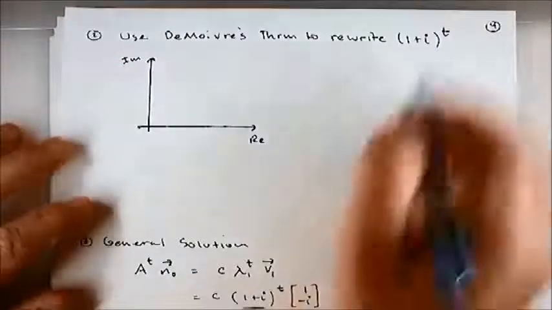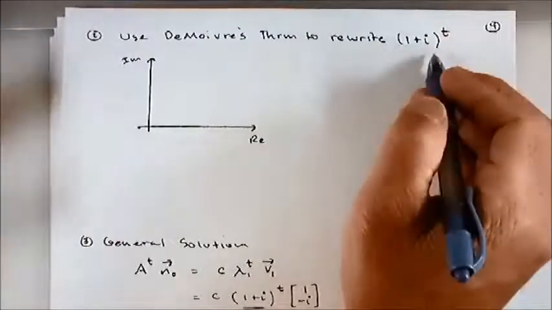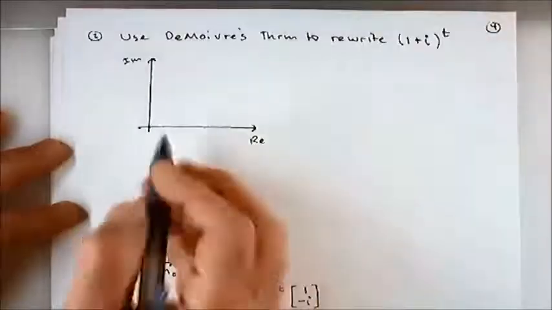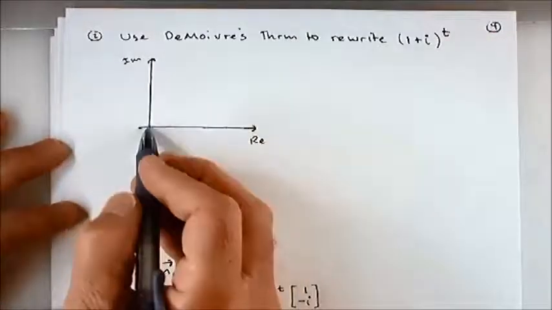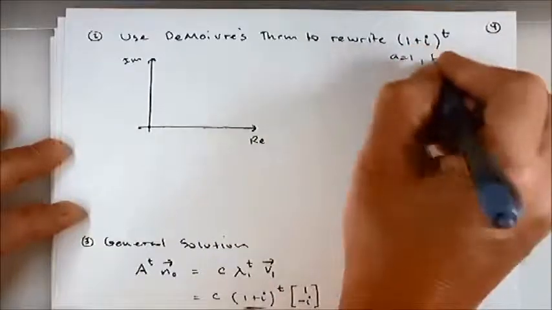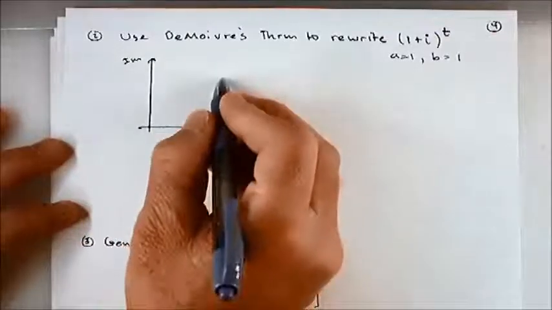And so remember how we can do that. There are formulas, but I see it more visually. First, plot what 1 plus I would look like on the real and imaginary axis. Here, A would be 1, B would be 1, so that would be a vector that goes over 1, up 1.